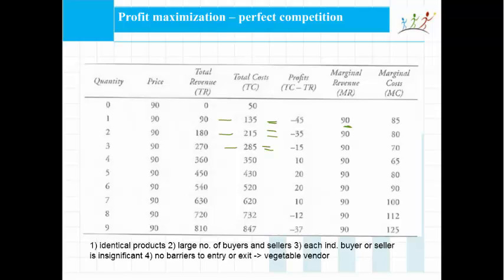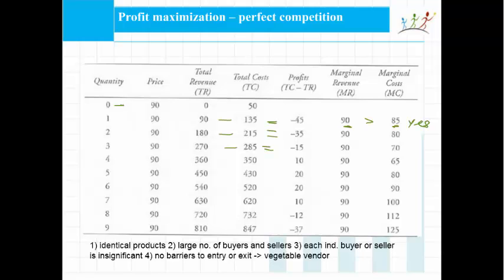The marginal revenue is $90 and the marginal cost is $85. Is the marginal revenue greater than the marginal cost? Yes. Hence, I should continue production. It will increase my profits.